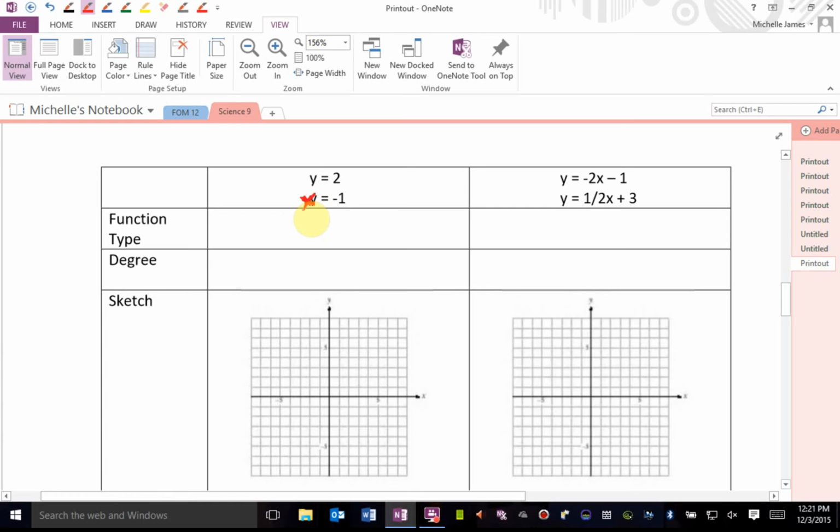There's no point in graphing 2 graphs that are exactly the same. Y only has 1 variable, it's just y equals 2, or the second one, x equals negative 1. They only consist of 1 variable. We call those constant function type, and they are degree 0. There is no variable to have an exponent on.